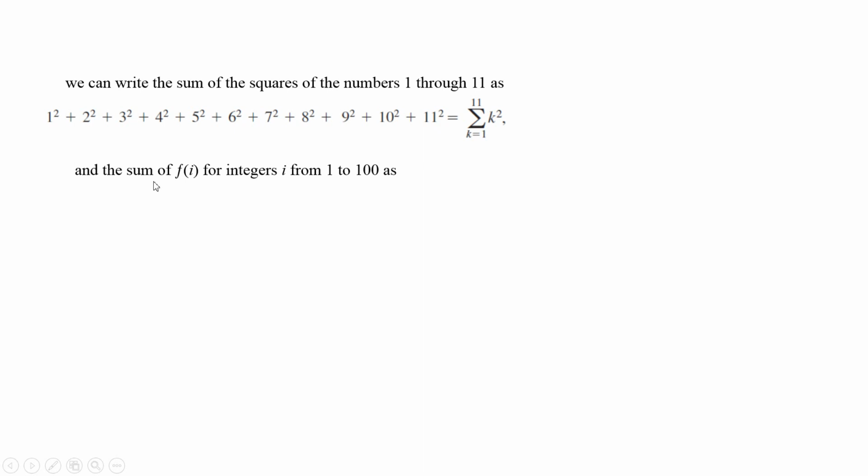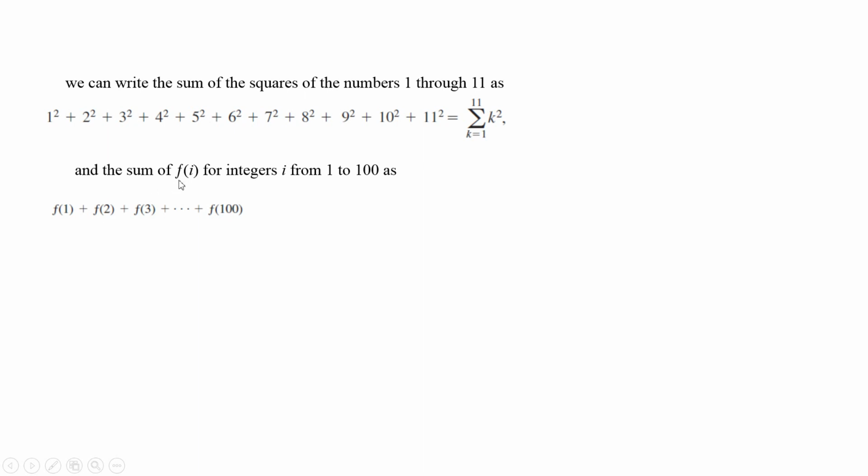Again, the sum of fi for integers i from 1 to 100 can be written as f1 plus f2 plus f3 and so on up till f100. So how can we write it in sigma notation? Again, we have to find the kth term of this sum. The first term is f1, the second term is f2, the third term is f3. So what will be the kth term? It's quite obvious. The kth term will be fk, or the index can be i, the index can be k, the index can be r, or any letter can be used as the index.